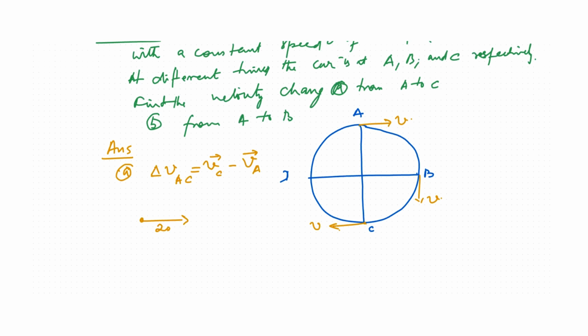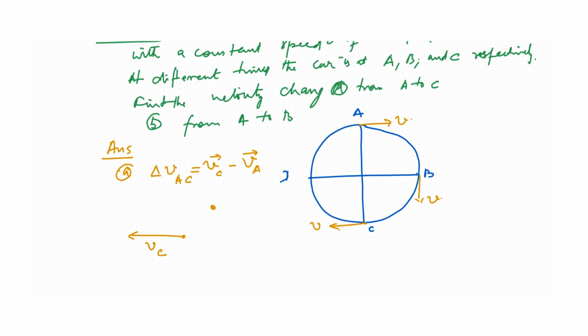And we have to add the negative vector VA. This was my VC. I want VC vector as VC is this. And VA was like this.